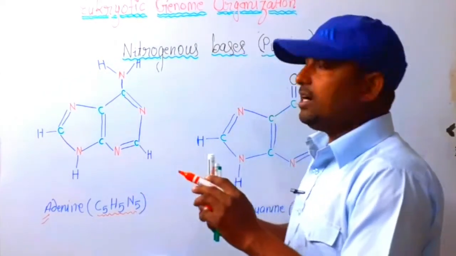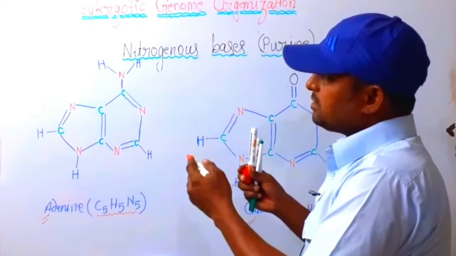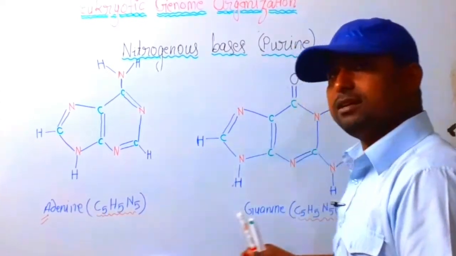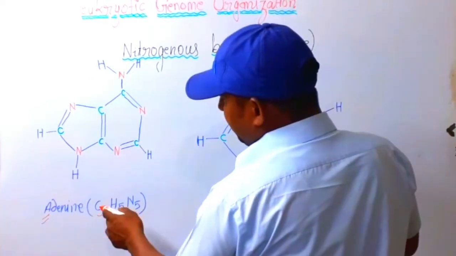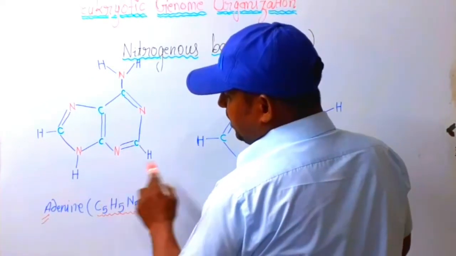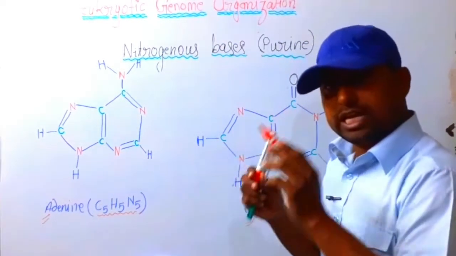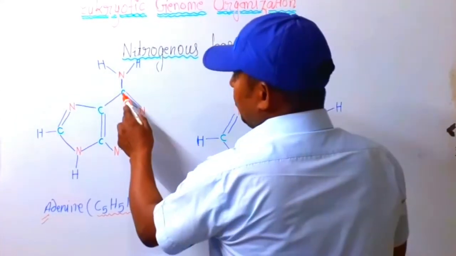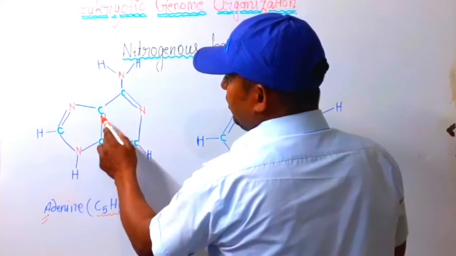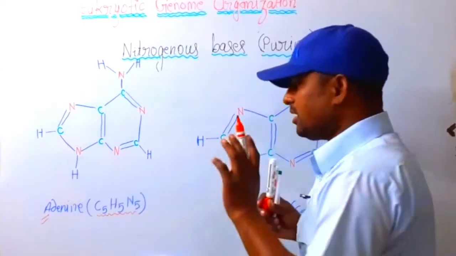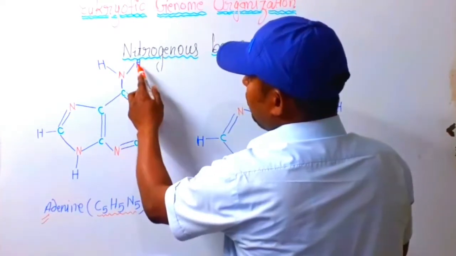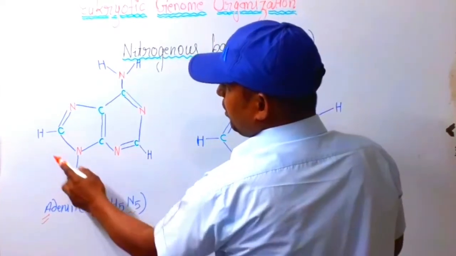Let's clarify and discuss the structure of the nitrogenous bases adenine and guanine one by one. The number of carbons is 5, let's check: 1, 2, 3, 4, 5. It is clear that there are 5 carbons and 5 hydrogens. There are also 5 nitrogens: 1, 2, 3, 4, 5.